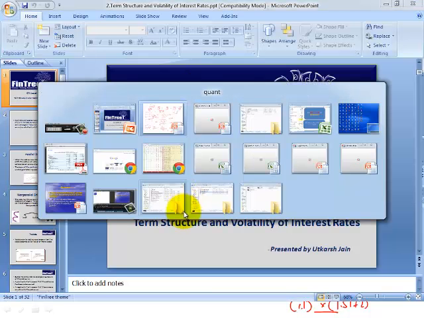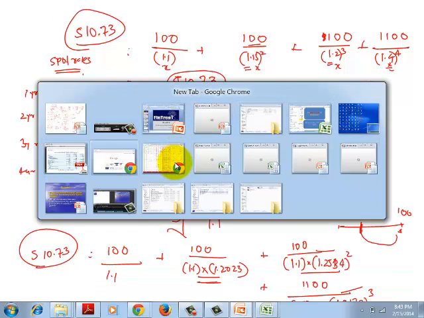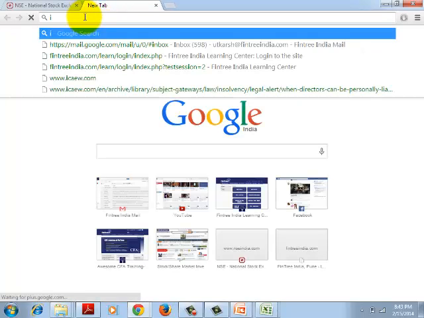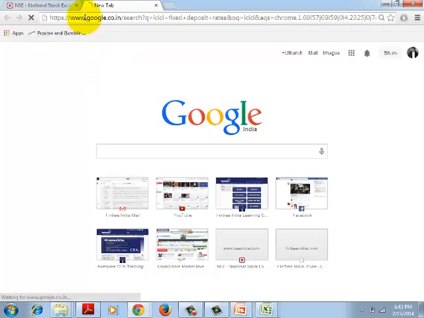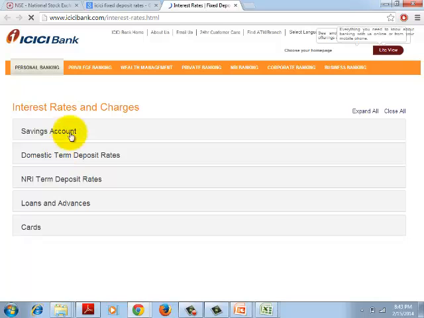So now if you want to see where do I find out spot rates, a very easy way, a good approximation of spot rate, I was just searching this yesterday: go and find out fixed deposit rates of a bank, so let's say term deposit rates.